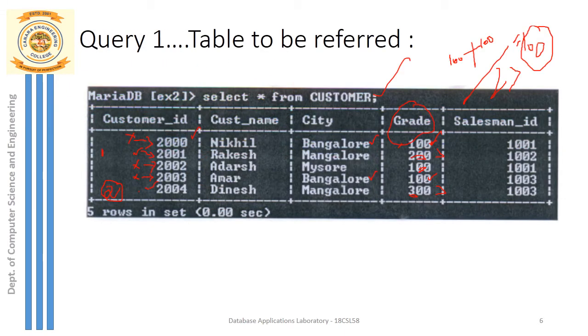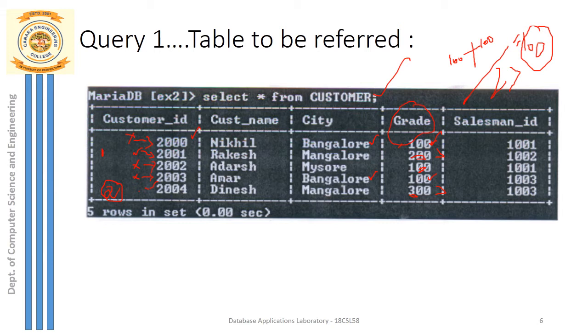You can see here that the table to be referred to is only one table, the customer table, and we are calculating the grade here. First, you have to calculate the average grade. In the table, I have to retrieve only those customers who belong to Bangalore city.